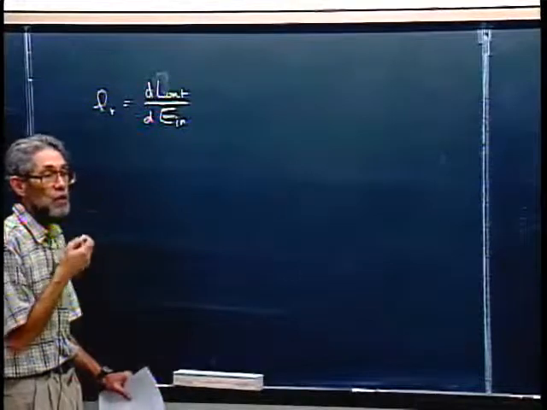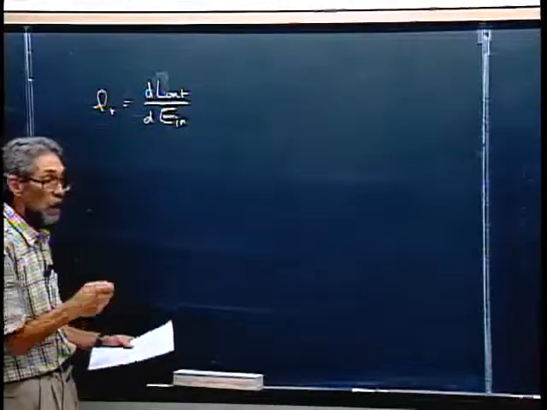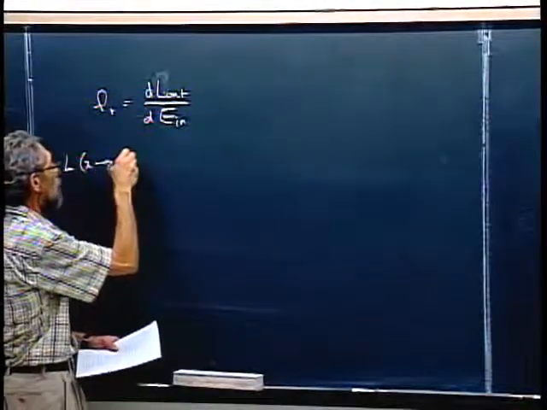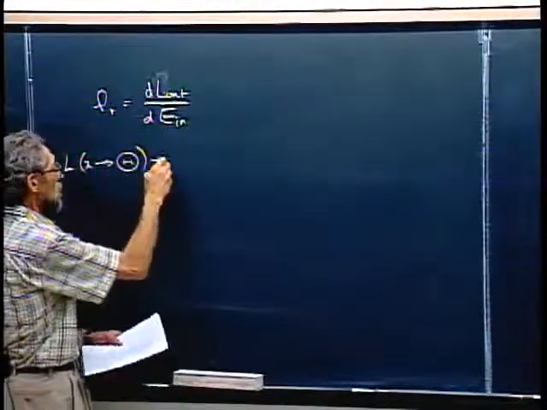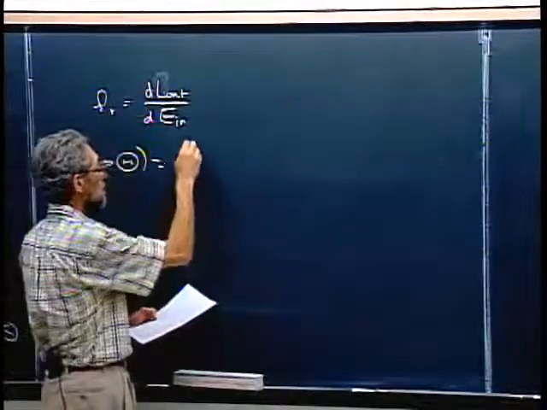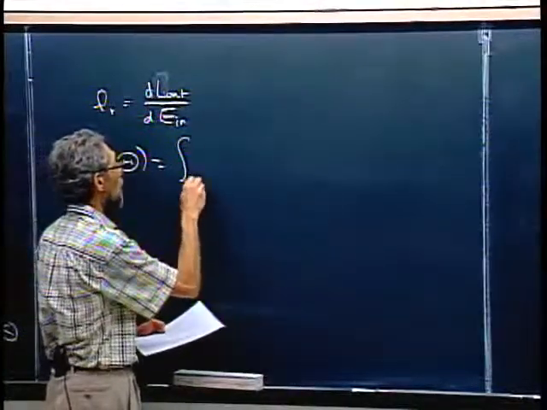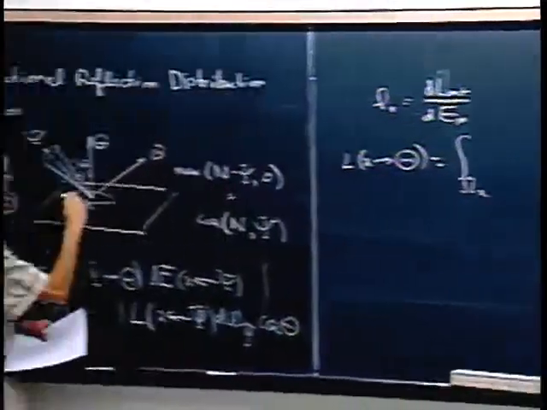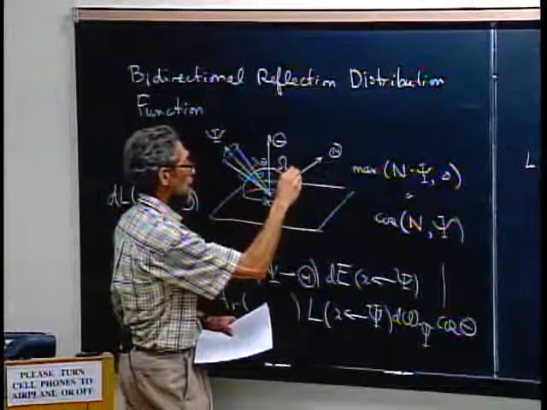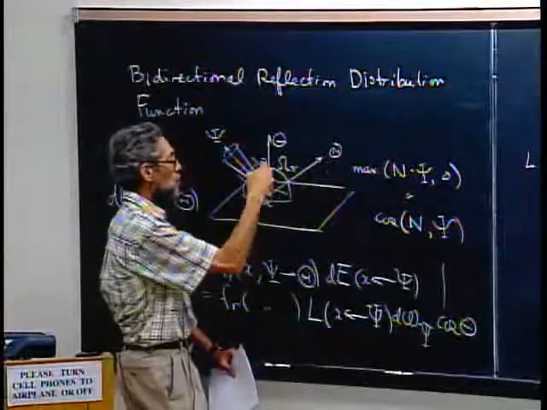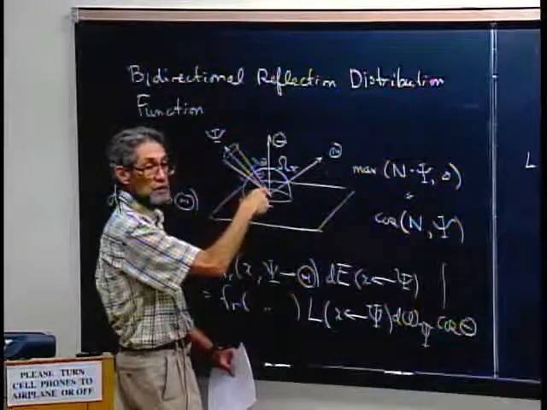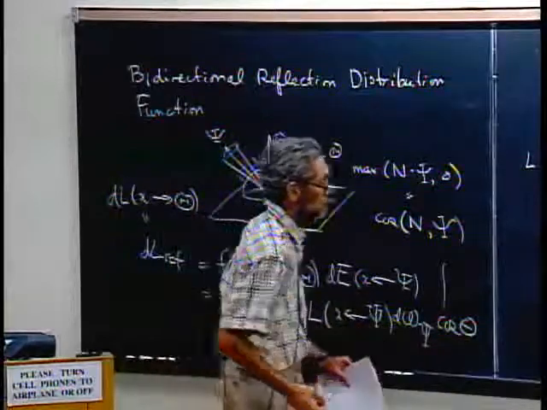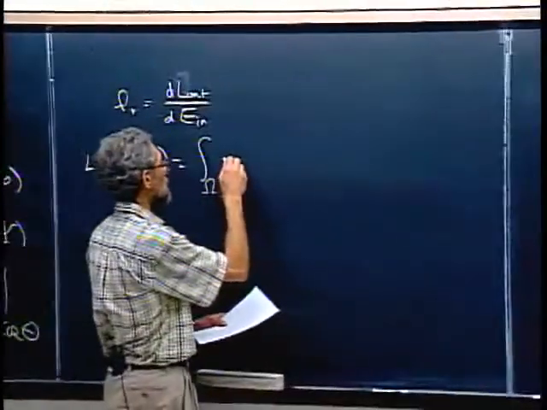And that means if we want to know the total L coming out at x going out into direction theta, we have to actually integrate this over this hemisphere, say above the surface point x. We'll make this unit hemisphere, omega x, and we'll integrate the light coming in from all directions and its corresponding d with respect to this integration d omega solid angle.